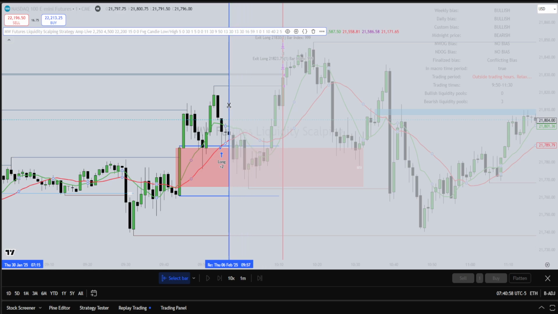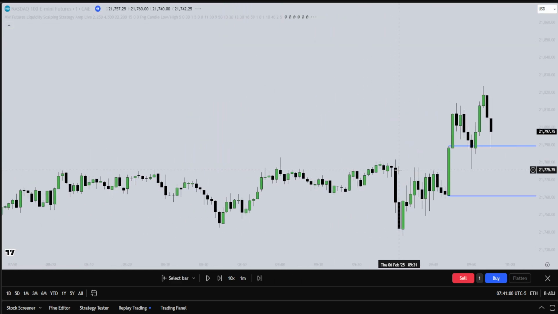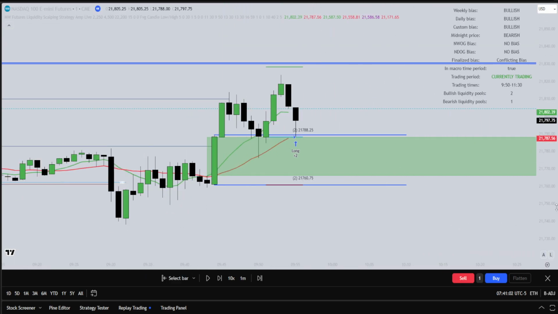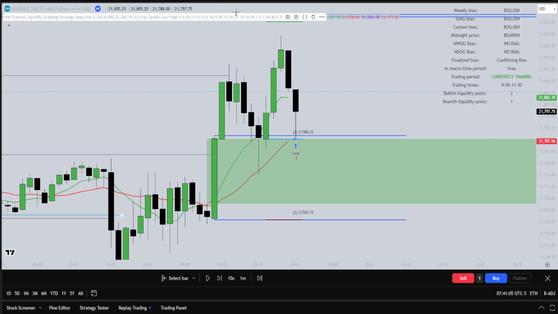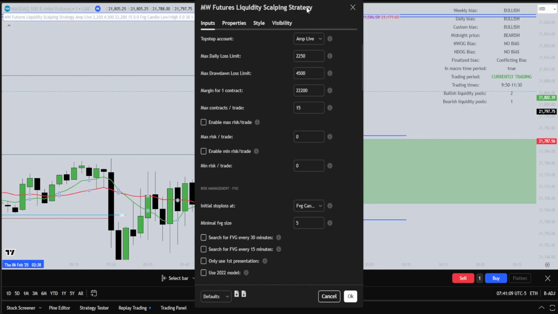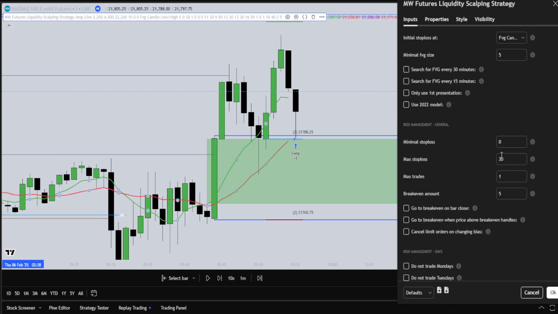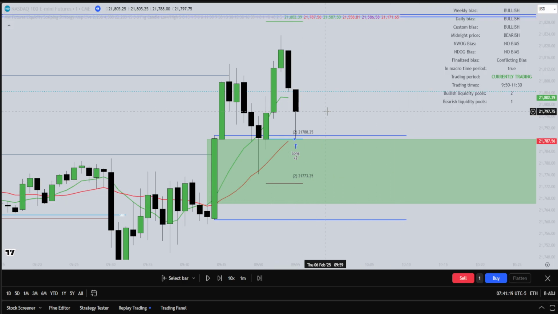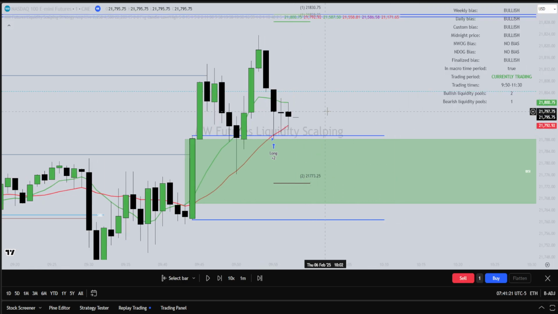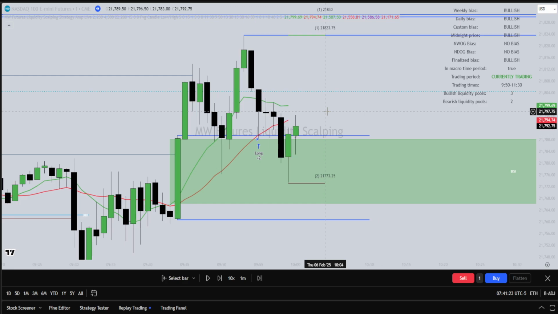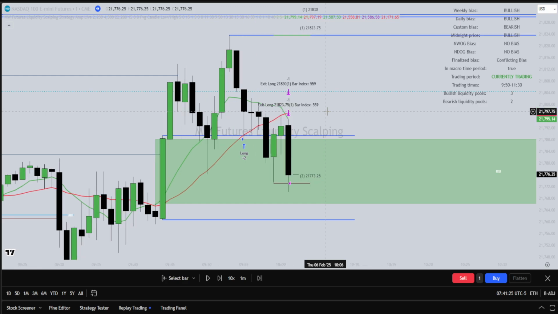So let's have a look at what actually happens in bar replay once we move our stop loss. Let's go back to the settings. The previous setting was a stop loss of 15 handles instead of 30, and we see that our stop loss was placed over here and that we were taken out. We move along, stop loss was placed over there, we get taken out.